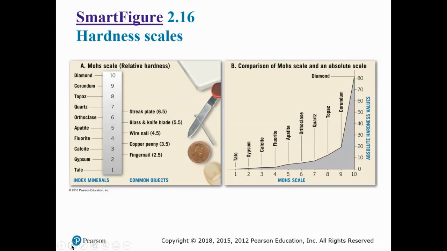And so we have another plate that we use to help us determine hardness. And you can see some other things too, like we can use a streak plate, we can use a penny, we can use a fingernail. Talc and gypsum can both be scratched with just your fingernail because they're so soft.